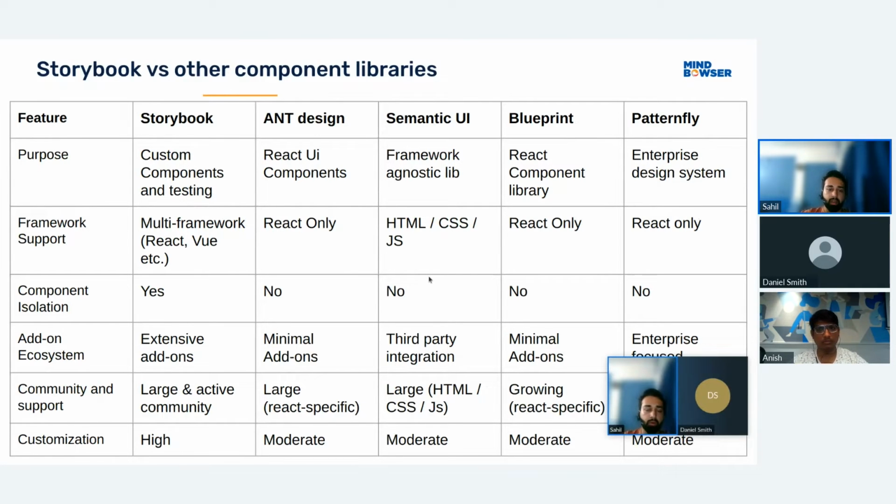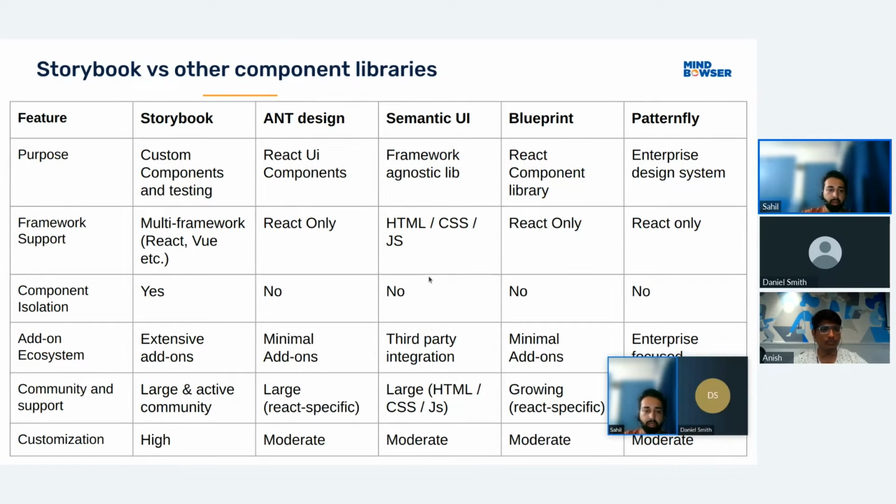The second point is framework support. As I said, Storybook supports multiple frameworks like React, Vue, Angular, and more, whereas others like Ant Design, Blueprint, and Patternfly have only specific framework support like React, and Semantic UI is framework agnostic, which is compatible with any HTML, CSS, JS project.